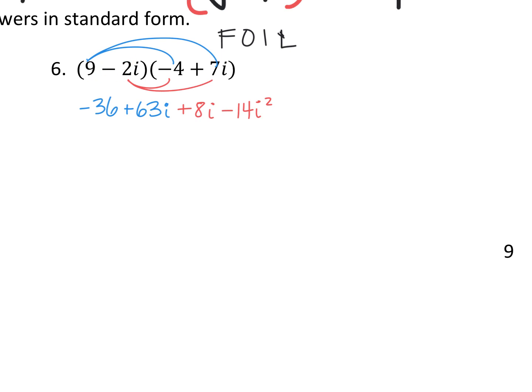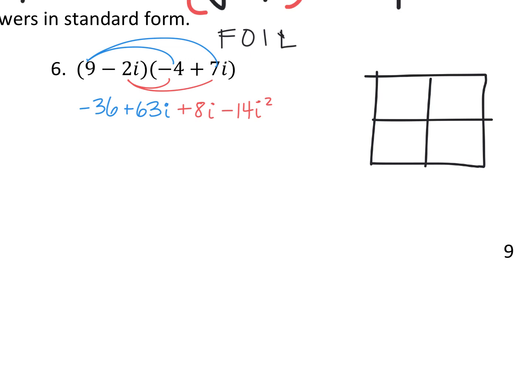I have 2 terms times 2 terms. So I would make a 2 by 2 box. And it's 9 minus 2i multiplied by negative 4 plus positive 7i.